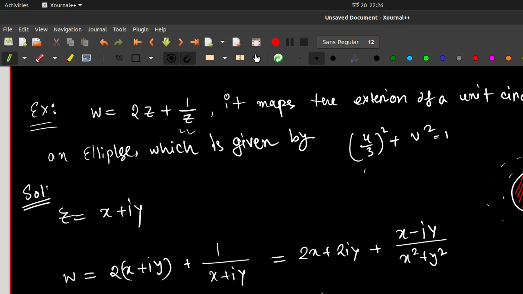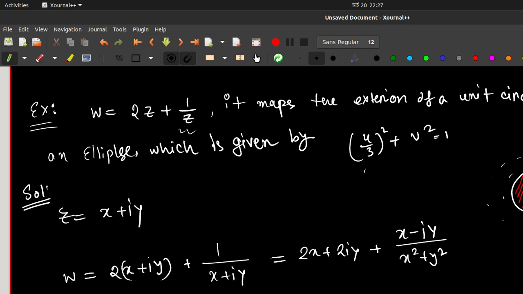And there is another thing that you can use to simplify your life. The problem is telling you that this is a unit circle and you are considering all the points exterior to that circle. So at the boundary of the circle you have x squared plus y squared equals 1. For the exterior you have x squared plus y squared greater than 1, because the boundary itself will be included, and for the interior you will have less than 1.